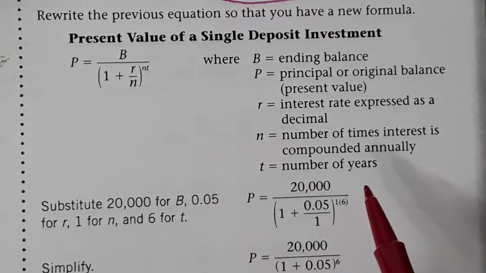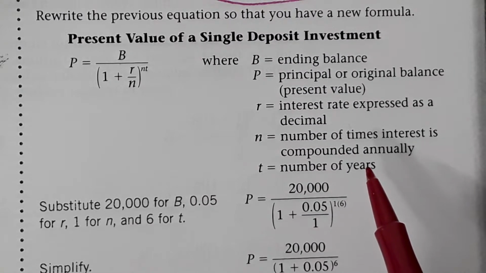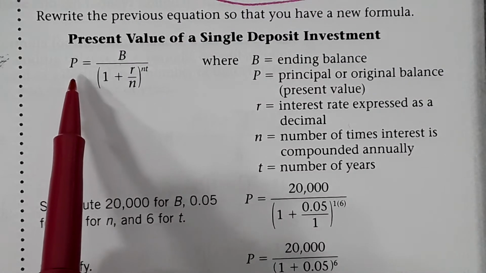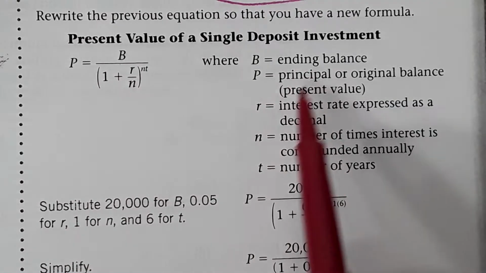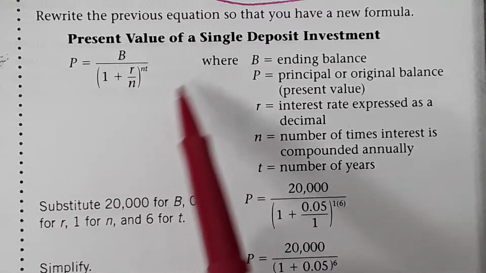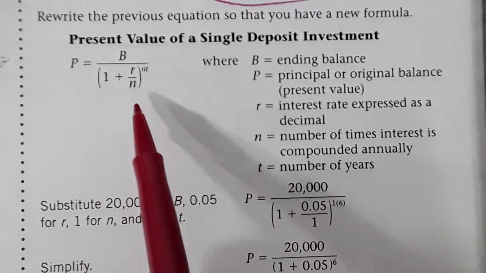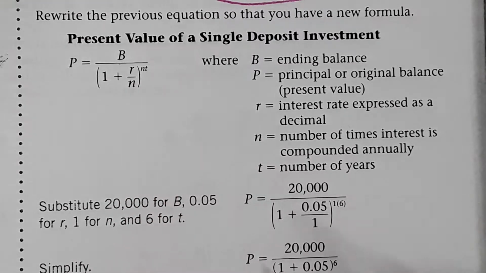Well, this is the formula to find out what we need to start now to end up with a particular ending balance. So B is the ending balance, P is the principal or the original balance, like we talked about. Here's that formula again that we saw in compound interest, 1 plus R over N to the NT power.